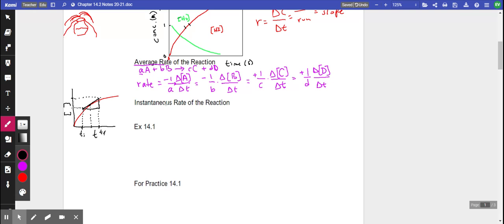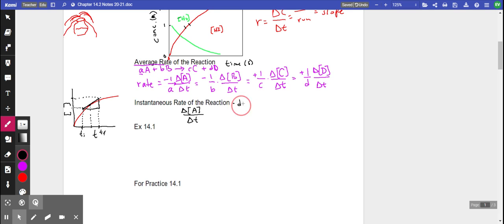So to find the instantaneous rate of the reaction, it's still just the change in the concentration of, let's call it A, over the change in time. And we have to draw the tangent line first. So let's write this in steps because that was a lot of info.